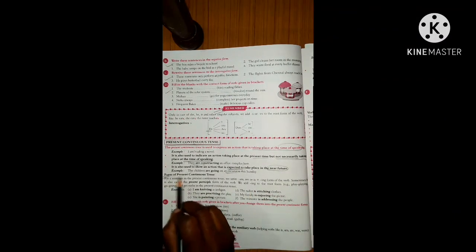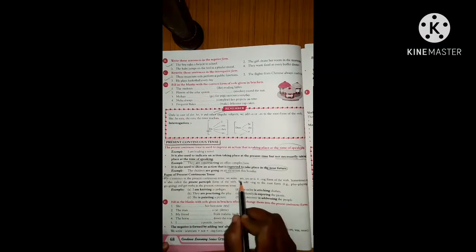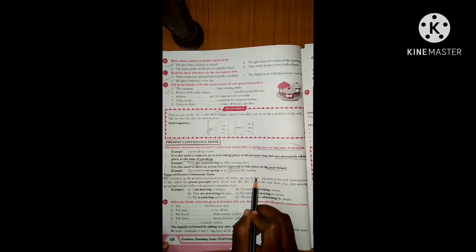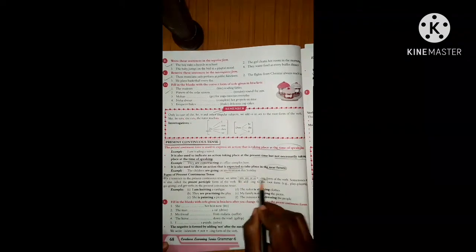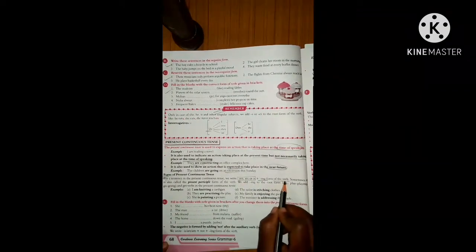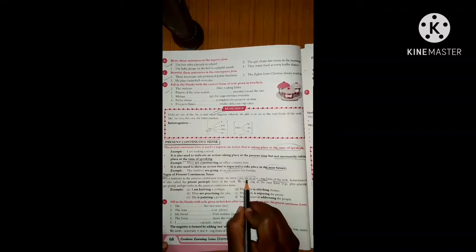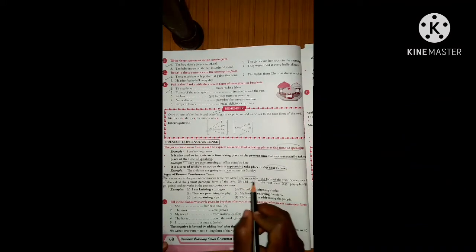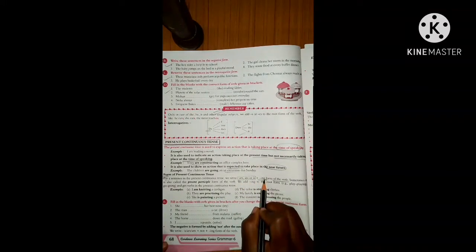Now see children, for a sentence in the present continuous tense we write am, are or is by adding the ing form of the verb. Am, are, is. Along with these three we are adding the ing form.